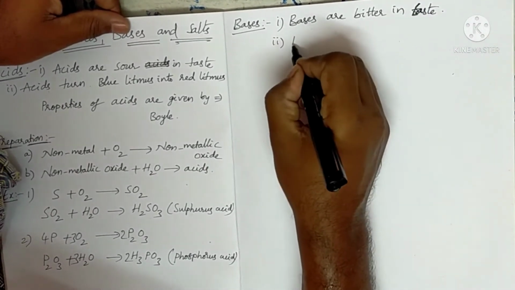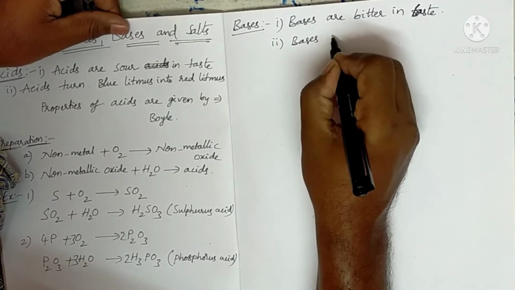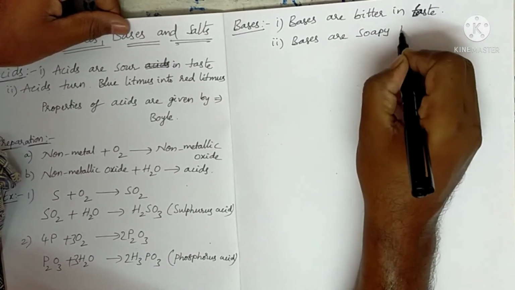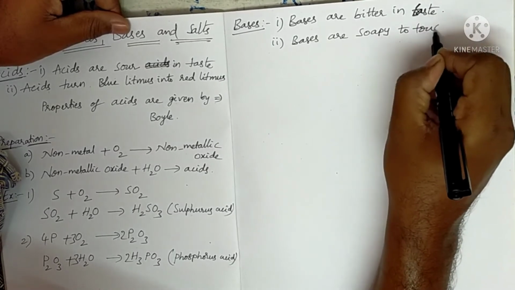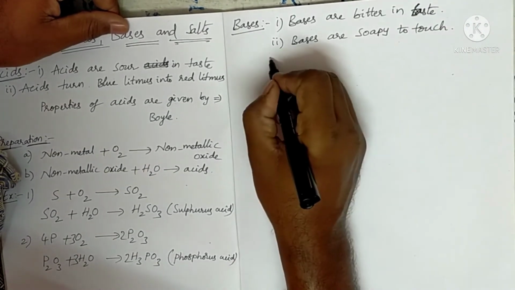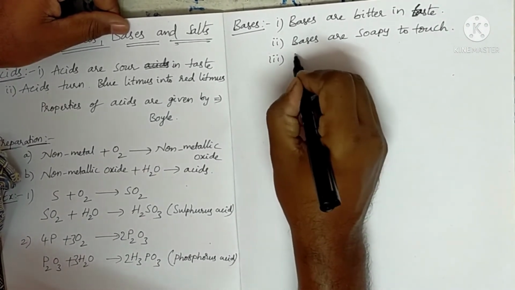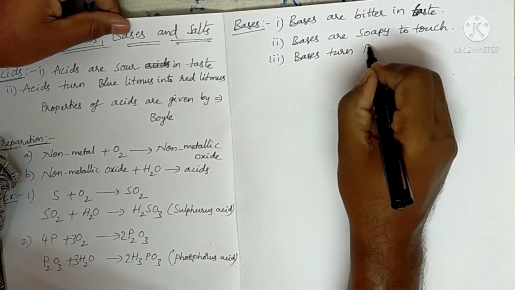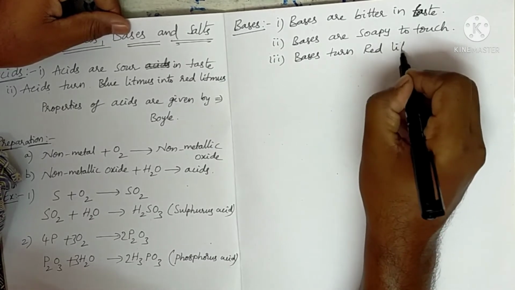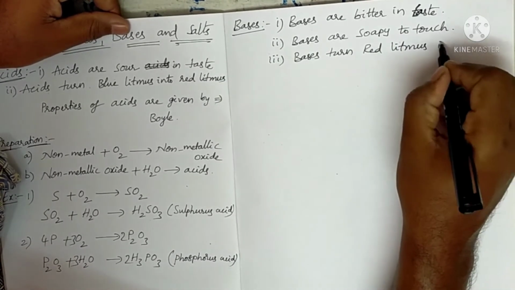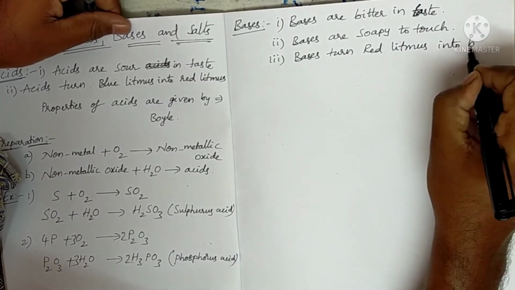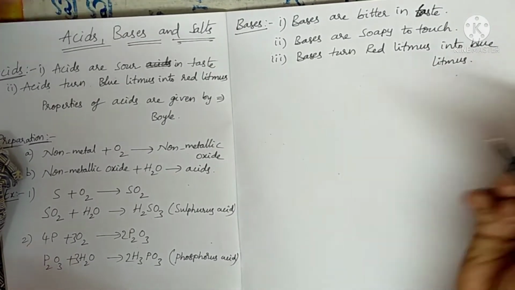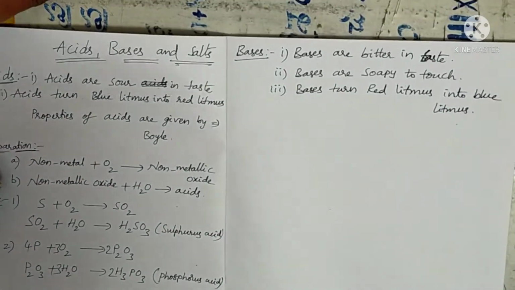Second point, bases are soapy to touch. Next, the third property, bases turn red litmus into blue litmus. So these are the properties of bases from the lower section.